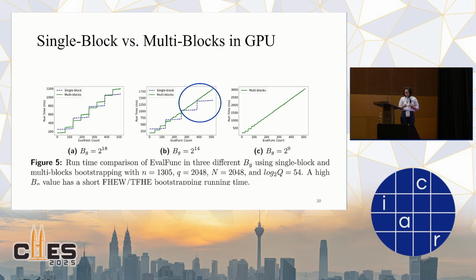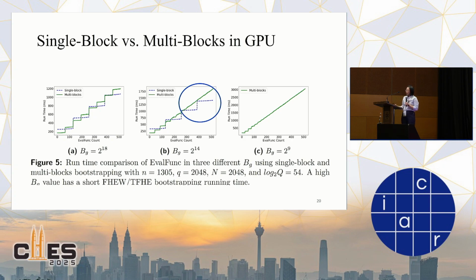We compare this design under different parameters. As the BG decreases, the number of threads and memory increase. From figure A, when an entire bootstrapping fits into a single thread block, both single block and multi-block processes have their own advantages.